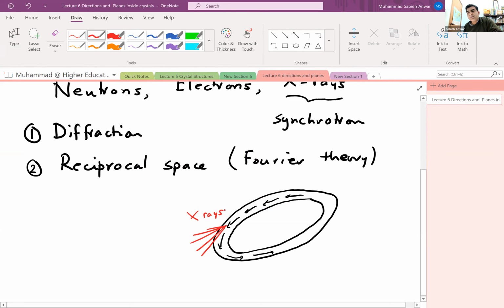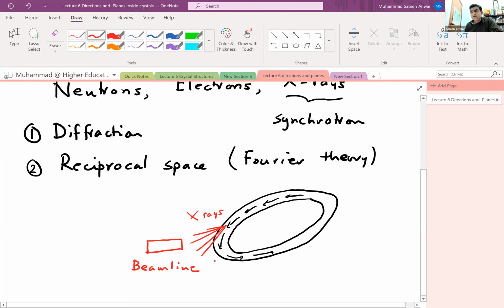This is an extremely intense beam of X rays. These are collimated, and then they can be used for diffraction or other kinds of studies. So this is the working principle of a synchrotron. You set up a station here and perform a particular experiment. This is called a beamline.